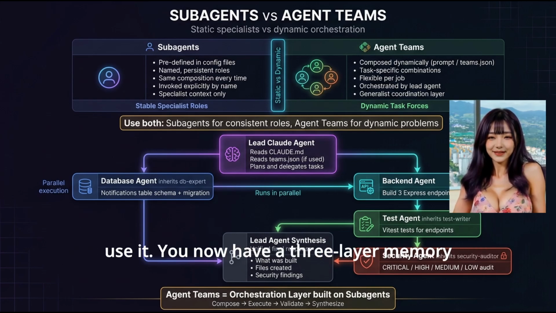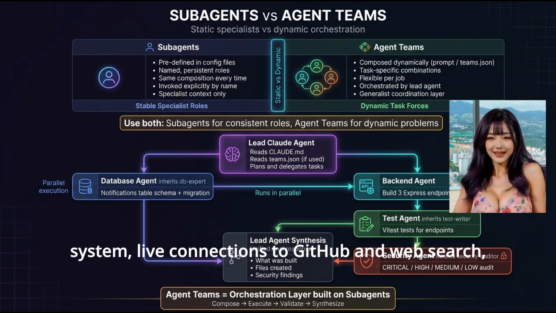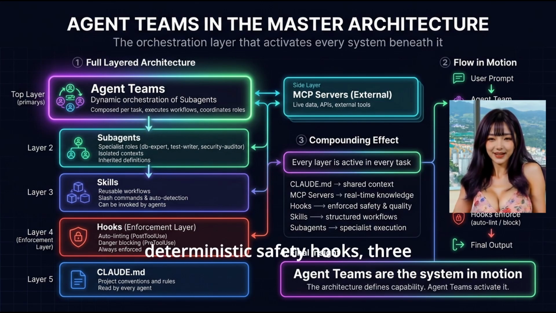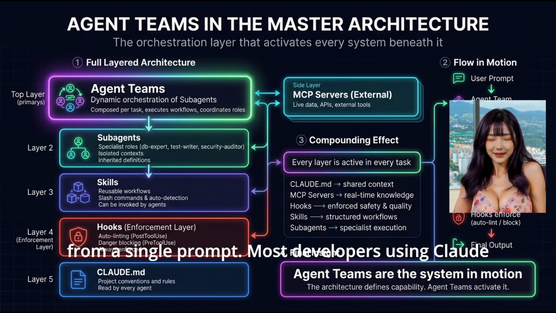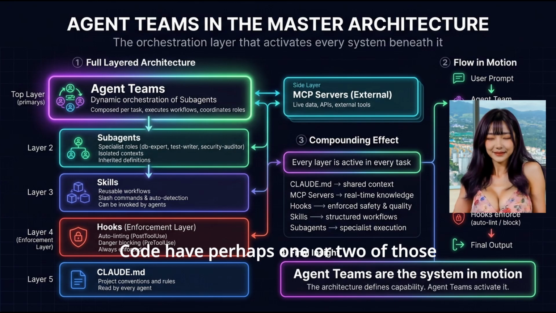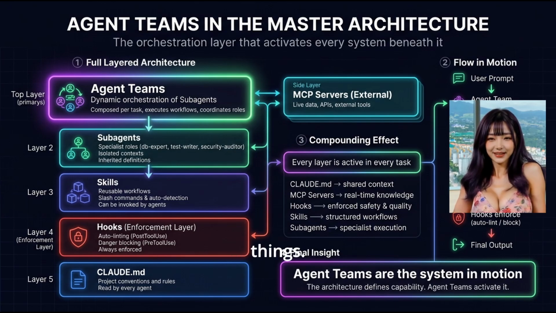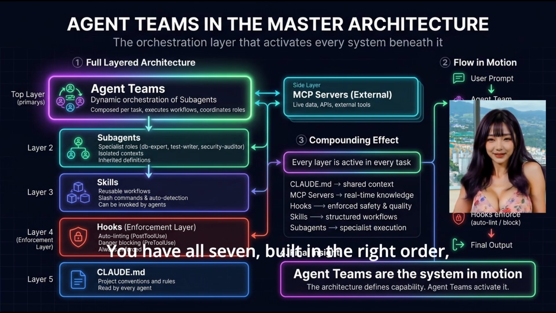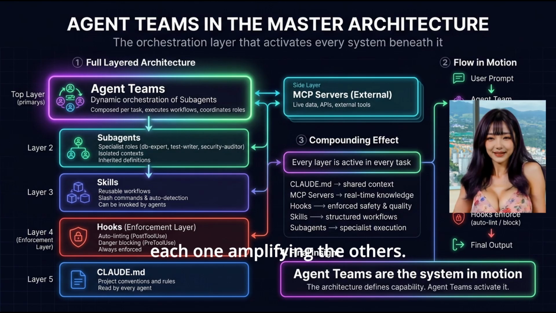You now have a 3-layer memory system, live connections to GitHub and web search, deterministic safety hooks, 3 reusable skill workflows, 3 specialist subagents, and the ability to compose full AI teams from a single prompt. Most developers using Claude Code have perhaps 1 or 2 of those things. You have all 7 built in the right order, each one amplifying the others.